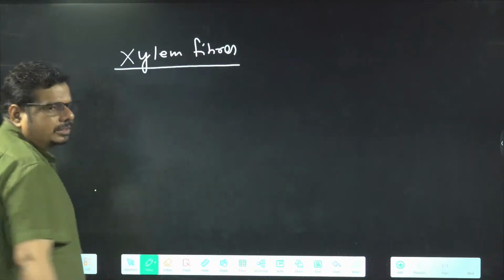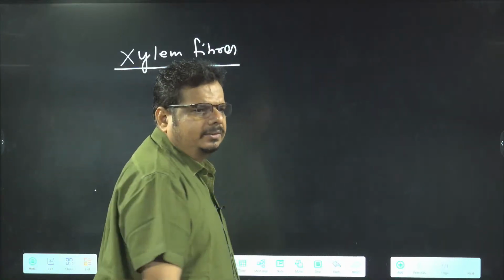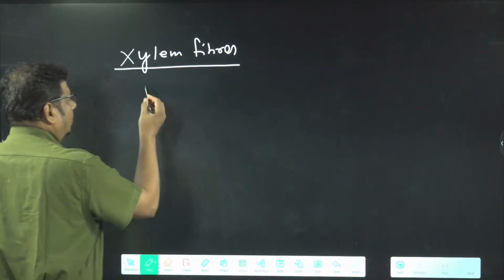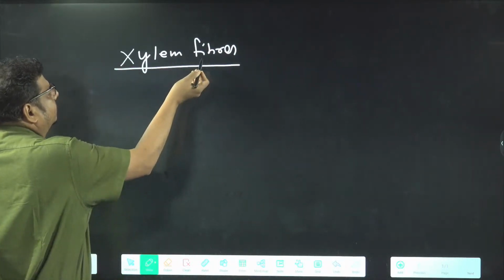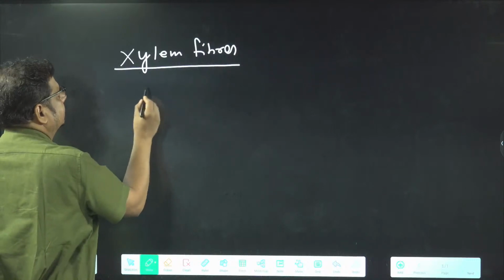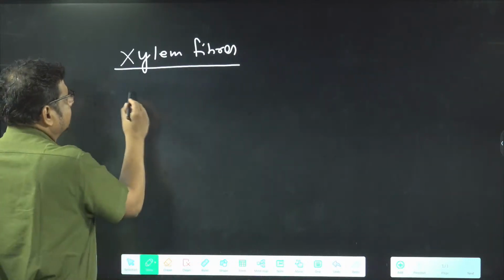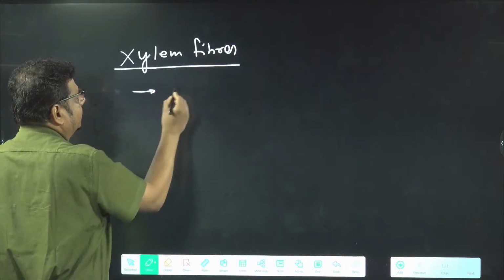So we are going to discuss xylem fiber. Have a look. If you talk about xylem fiber, which kind of fiber is it? It is a sclerenchymatous fiber.